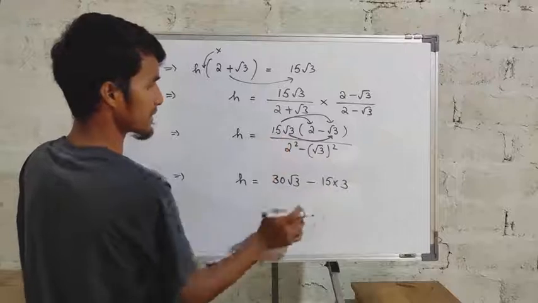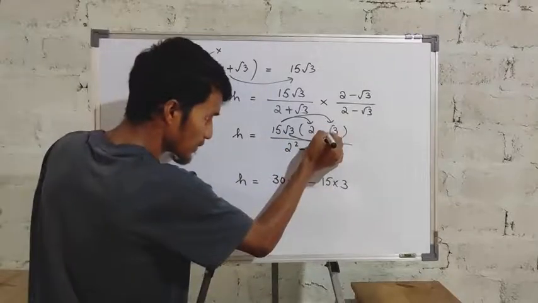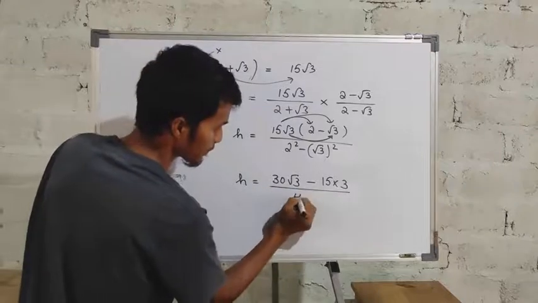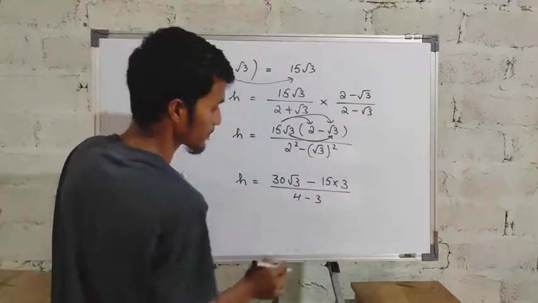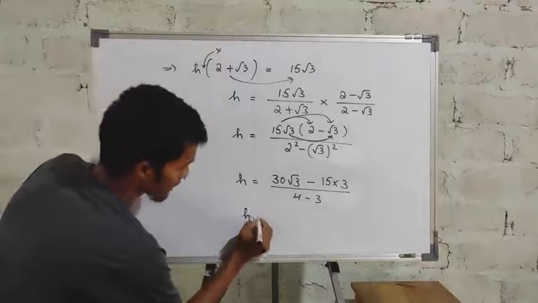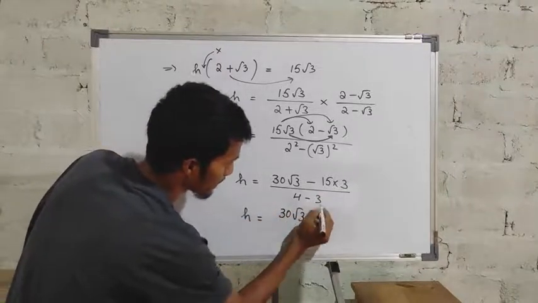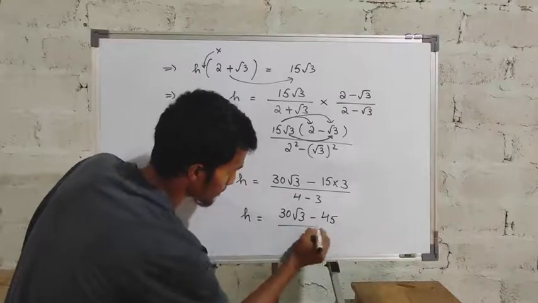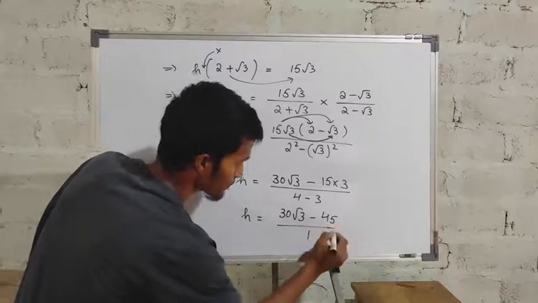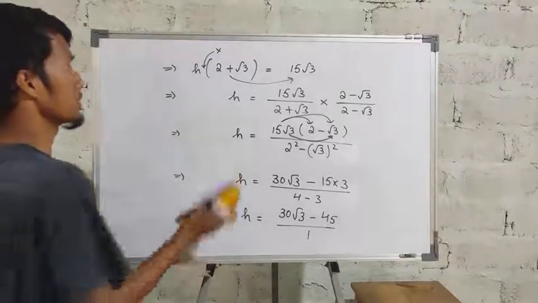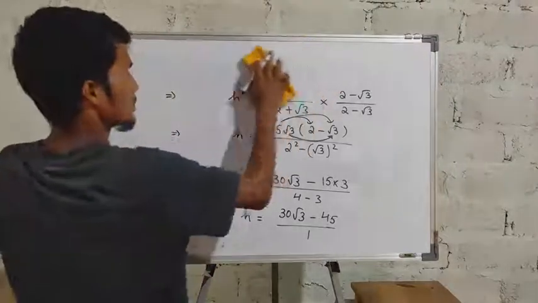Then 15 will remain as 15 because here is a 1, then 15 into 1 will be 15, divided by 4 minus 3. Okay, then h is equal to 30 root 3 minus 45 divided by 1. Okay, now we can stop. No need to do division again, like that last one. Big number we have to do.